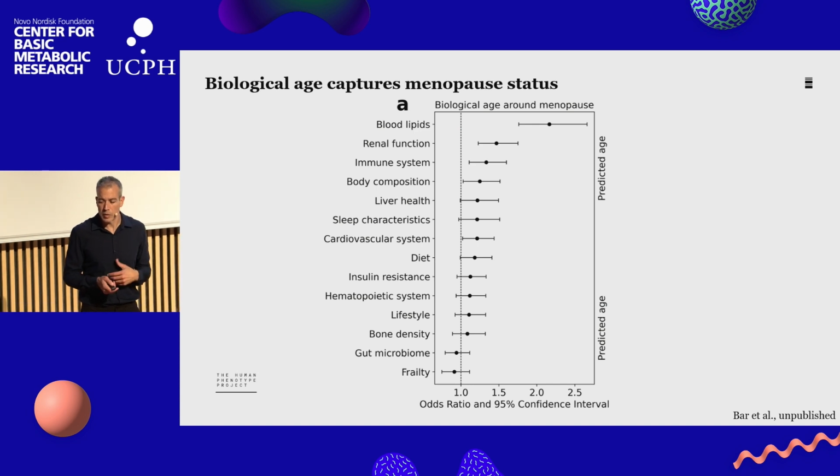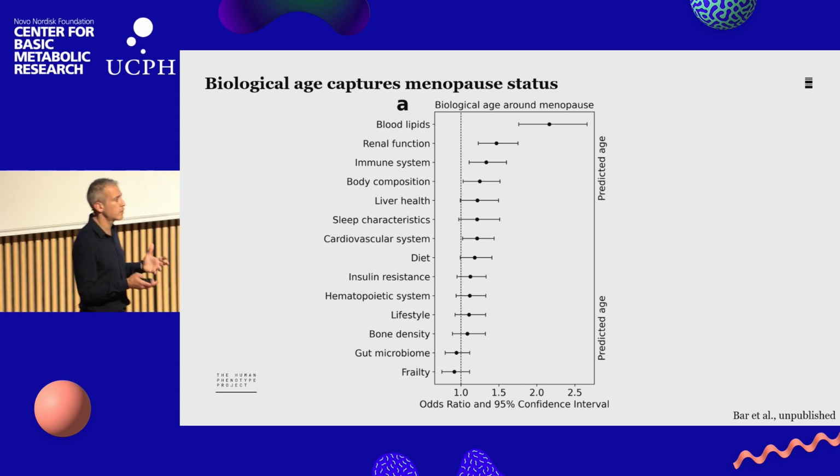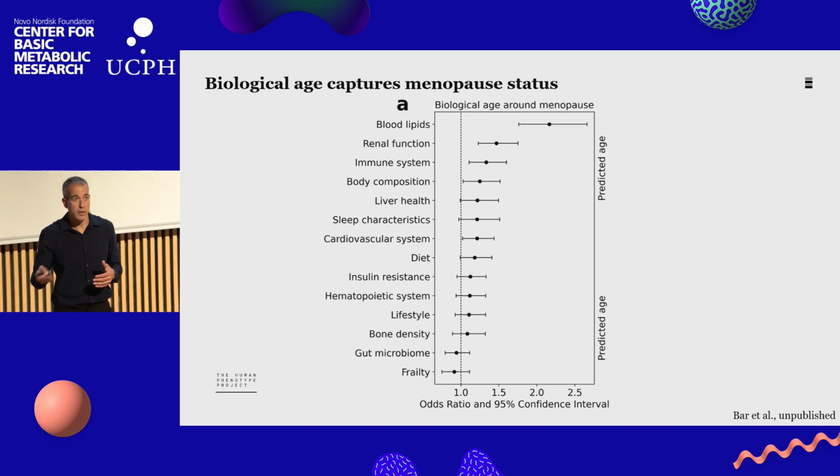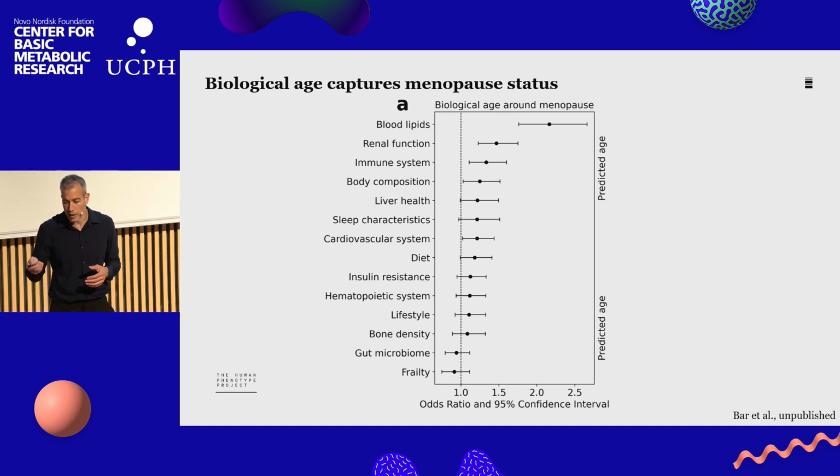And this might be important, for example, for identifying the transition into menopause, because that's a time where some treatments could be given to delay the onset that has been shown to have health benefits.